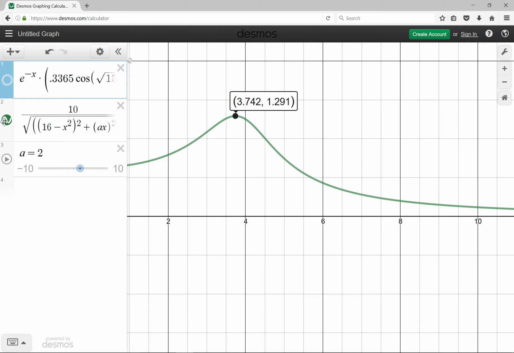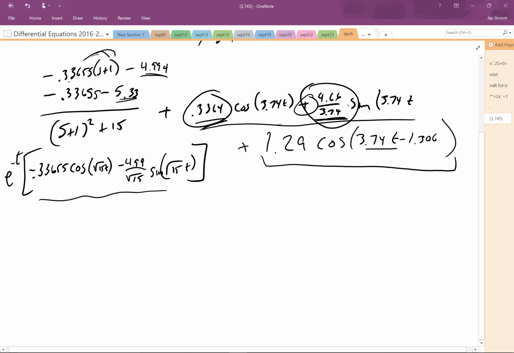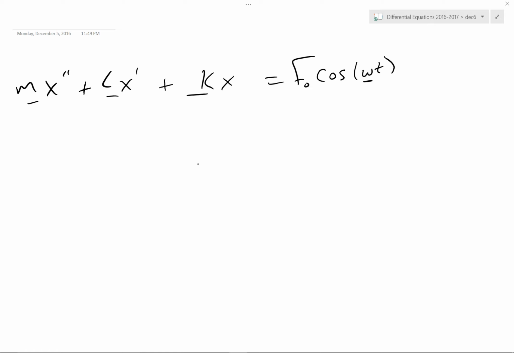Whenever you see a situation where you have some x double prime plus some x primes plus some x's equaling some sort of a sine or cosine function, it could be either one, doesn't really matter. Simply take these values, which again are m, c, and k, and plug them into this formula.